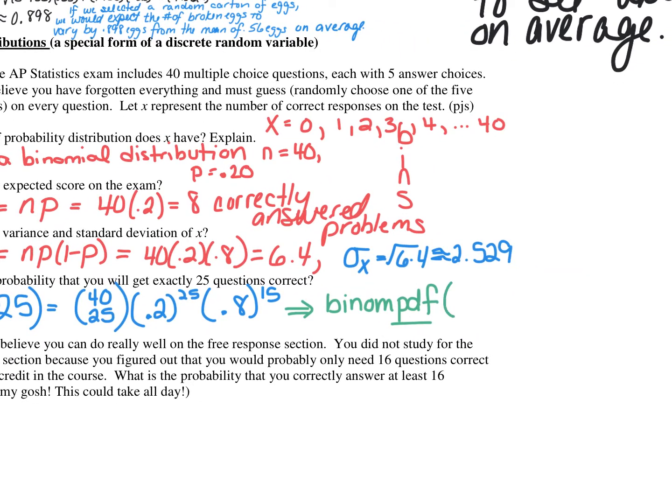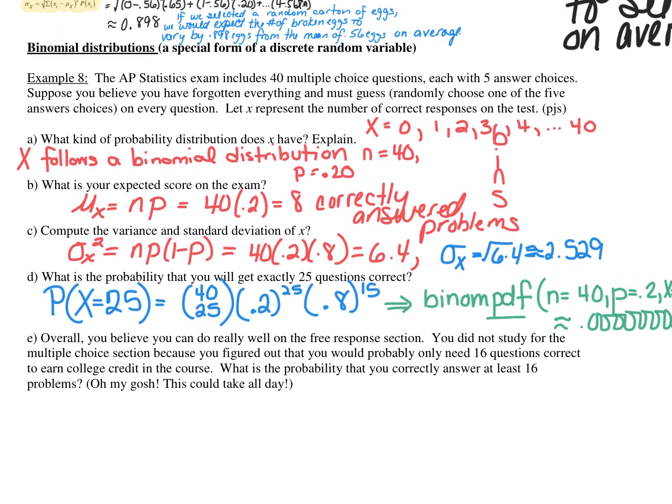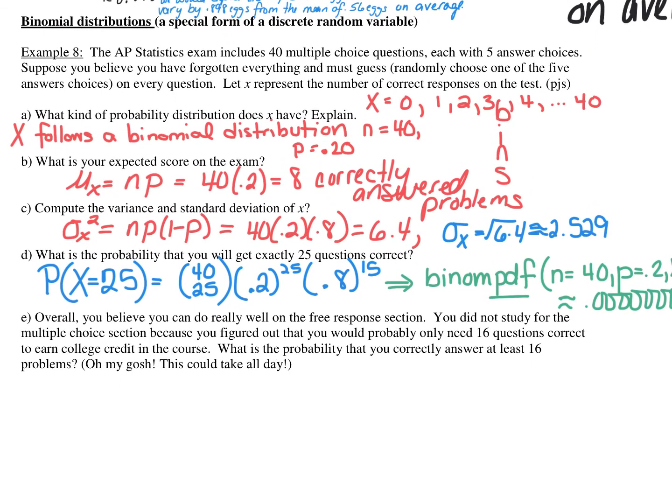So you would show me your values, that n is 40, p is 0.2, and x is 25. And that produces a small number, very close to 0. So very, very low chance of getting exactly 25 right by pure guessing on this challenging exam.